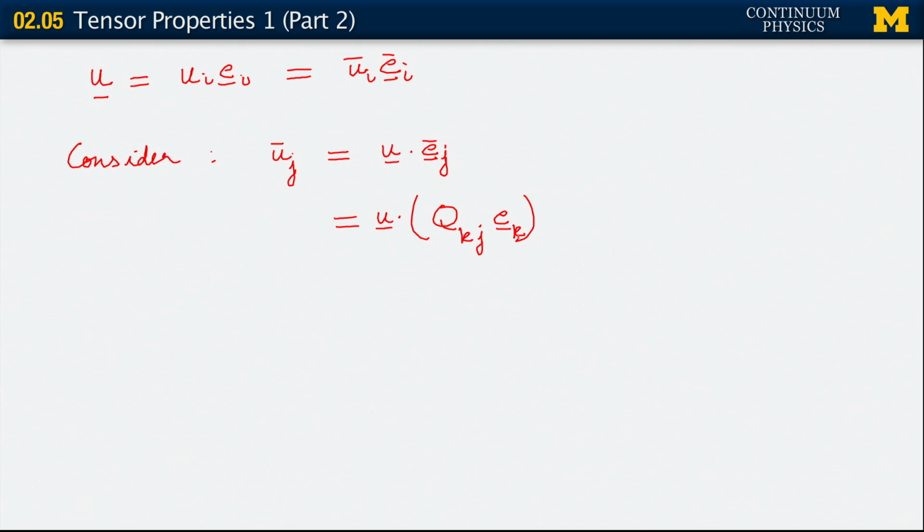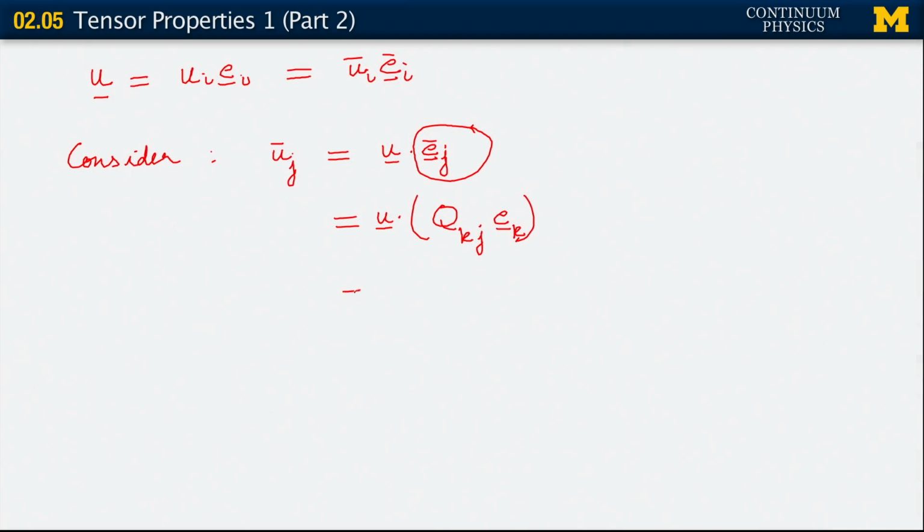And recall, what I'm doing here is to write e bar_j, a vector, in terms of the unbarred basis. The particular arrangement of indices on the Q just comes from the way we define the components of a tensor, and we did this in a previous segment. And this is really the relation that we're using all through here.